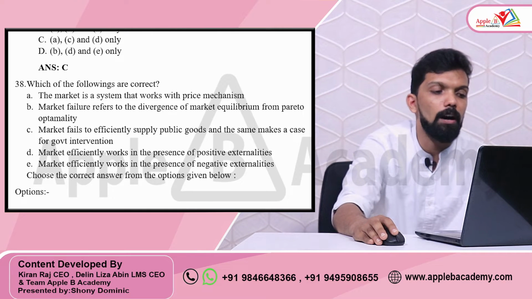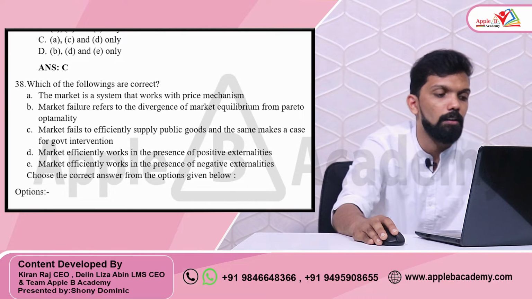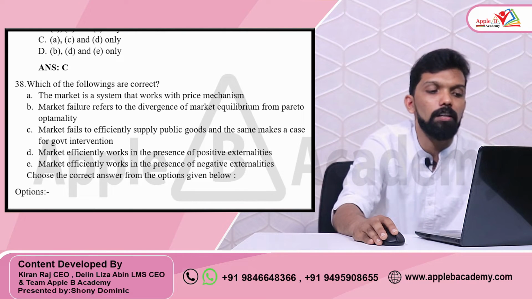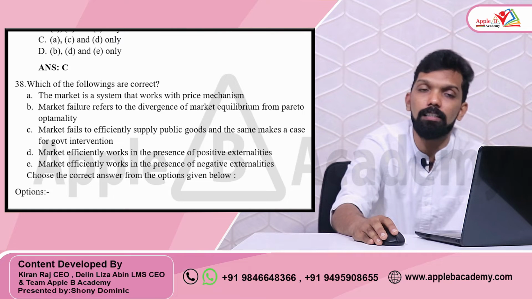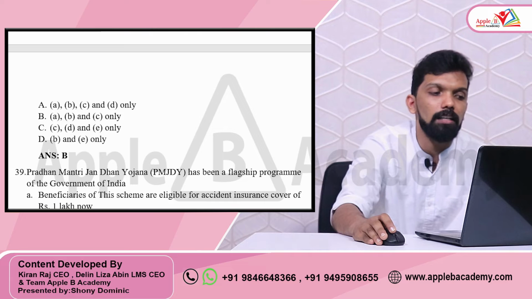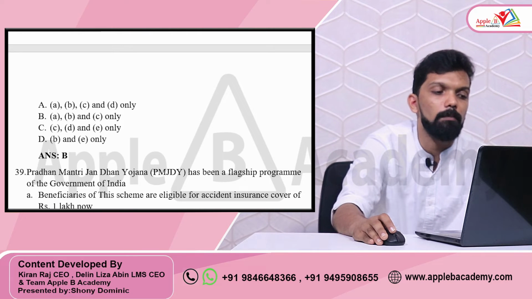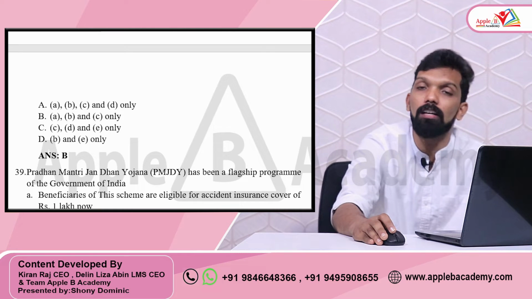Statement 4, market efficiency works in the presence of positive externality. Last one, market efficiency works in the presence of negative externality. So we have to identify the correct statements. So the right answer for this question is option B, which is statements A, B and C only correct.